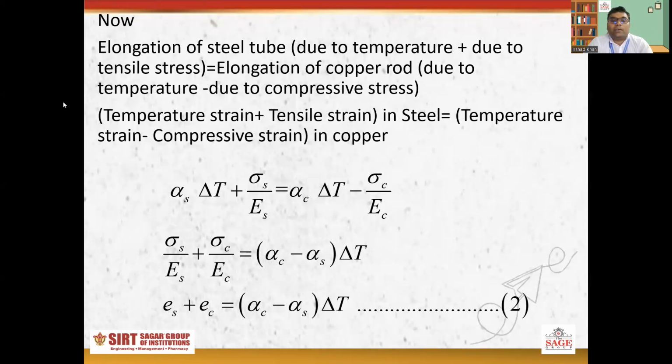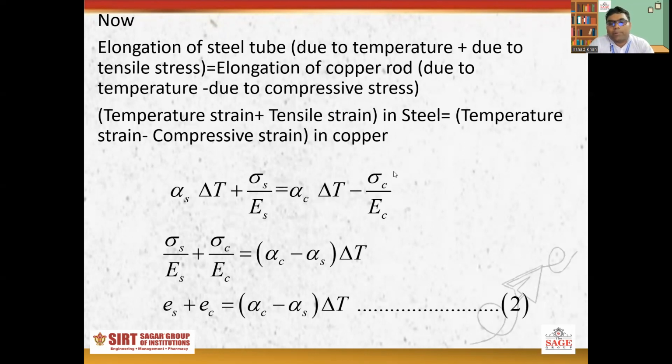So this statement we can write mathematically. The temperature strain is alpha del T, and this is for steel, that's why there is a suffix S. Similarly, tensile strain: we know strain is stress upon the Young modulus.